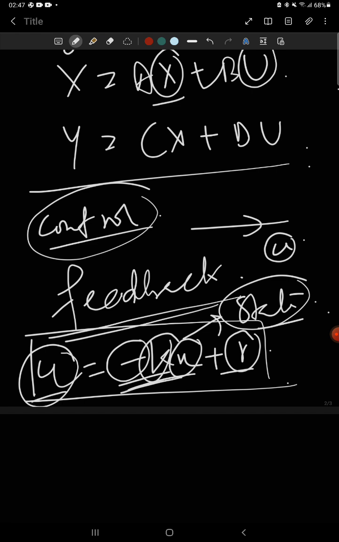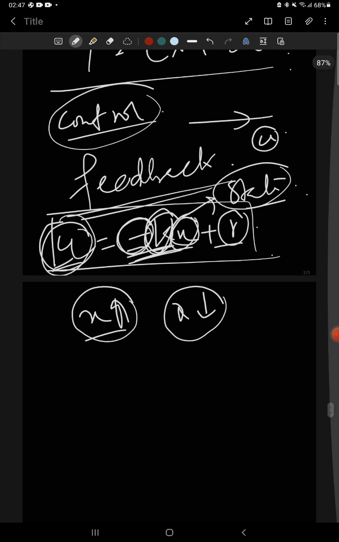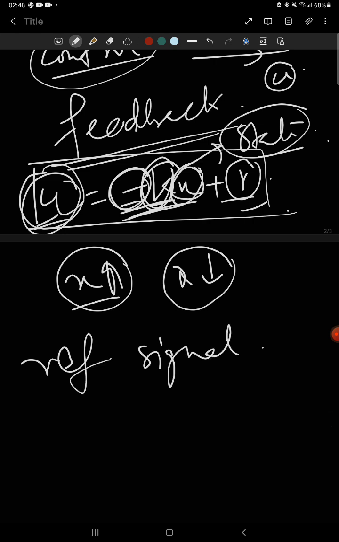So the point is, if my x, the state of the system, goes very high, then this minus k, this negative feedback, will help to bring the value of u down, right? And if my x is small, then we don't have a problem. And what's the purpose of this r? This r is a reference signal, a reference input.